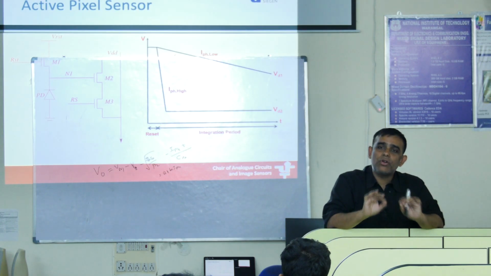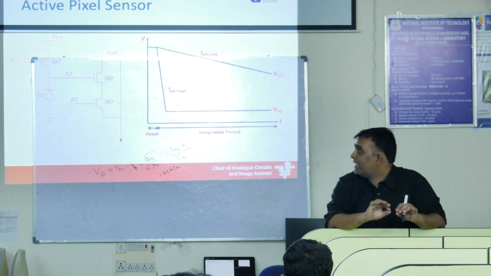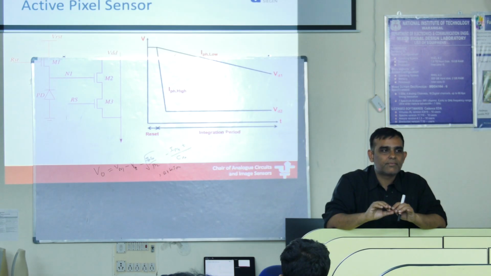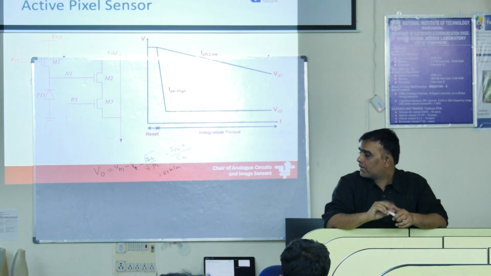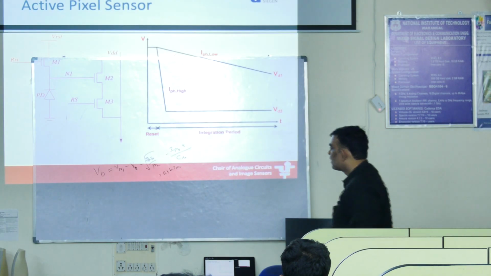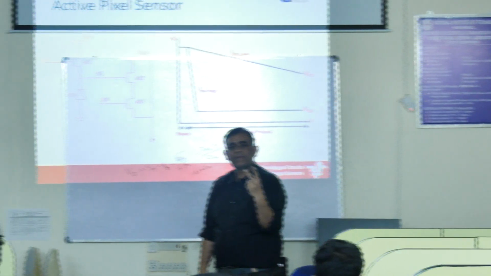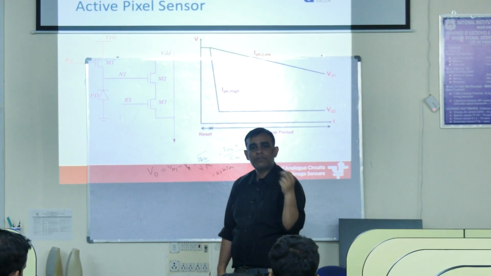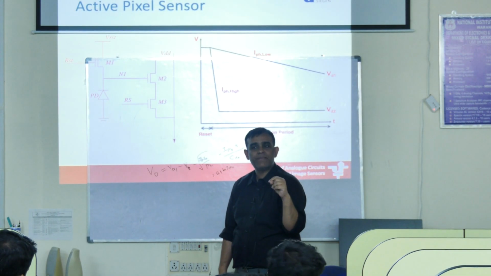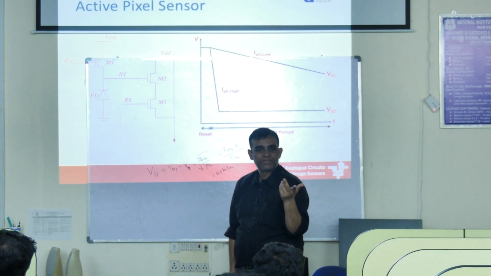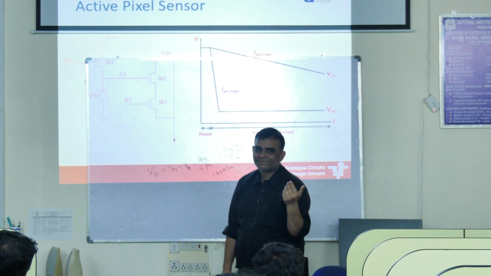When we say they are not alike, it means that their beta and Vt are not going to be the same, which means that for the same amount of light falling on two different pixels, the output of each pixel is going to be different. That's not a nice thing.